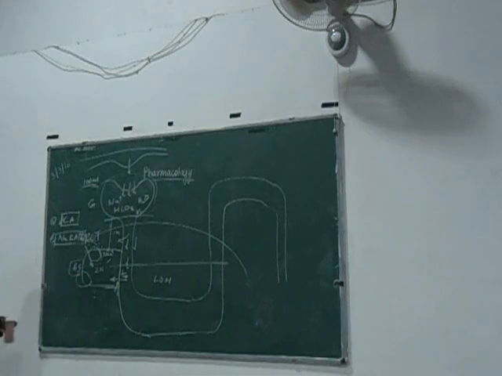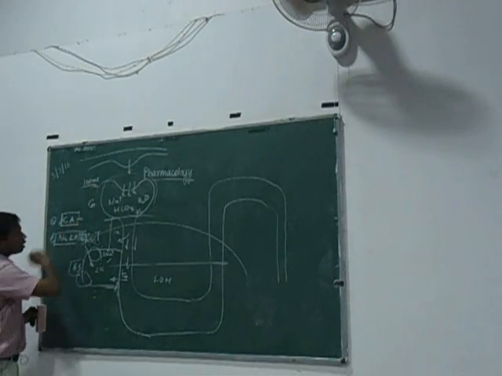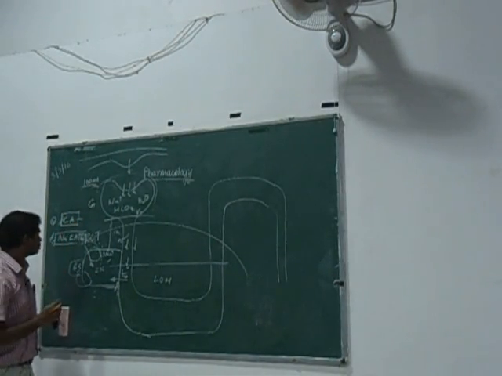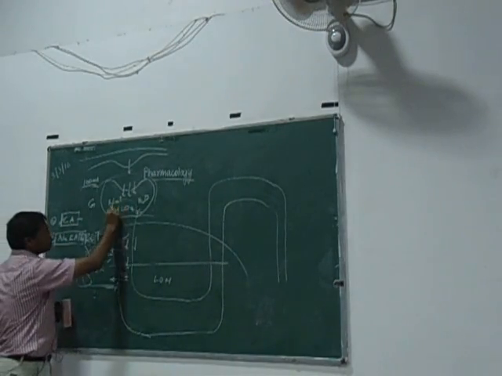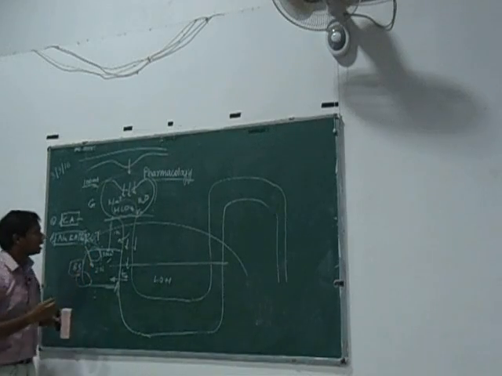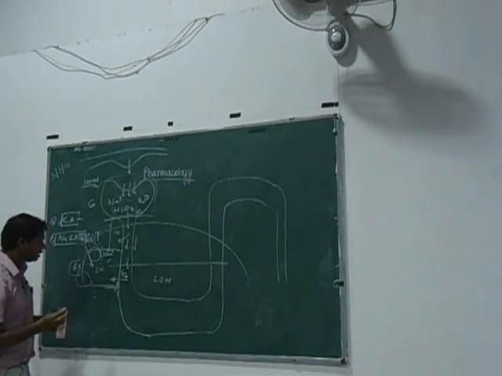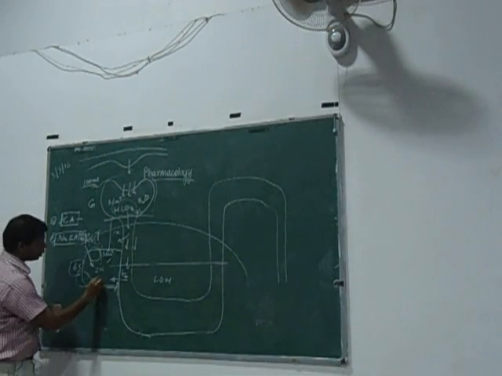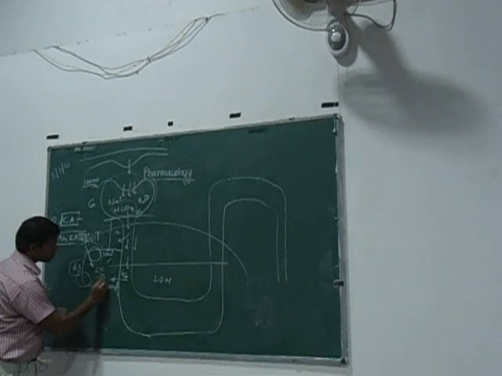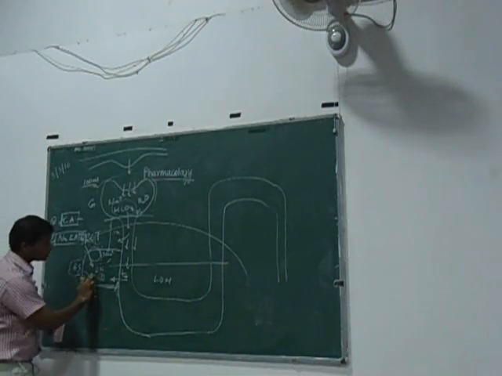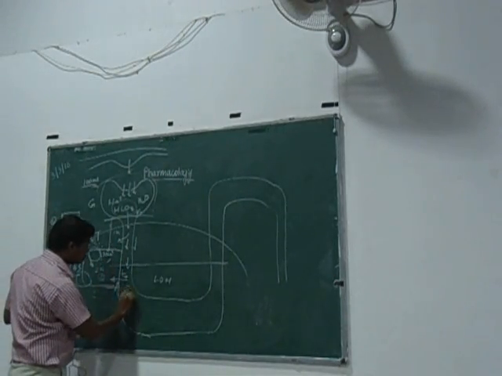inside the cell. Now we talked about the carbonic anhydrase system, where that system will come into action. We said that the bicarbonate ion is coming inside here into the nephron. This carbonic anhydrase enzyme is present both inside the cell and also on the luminal side.